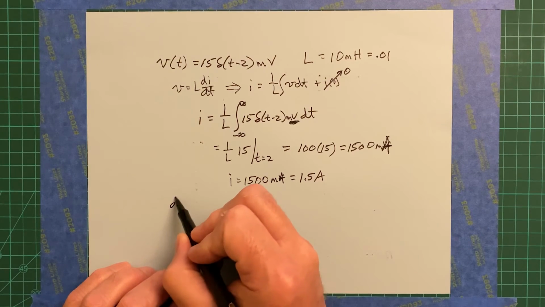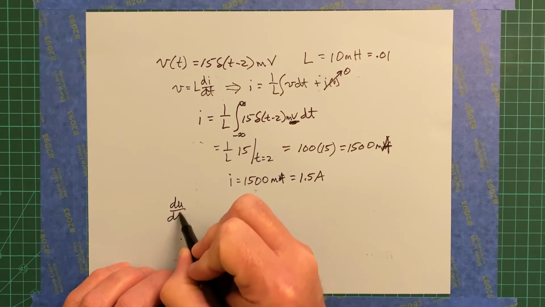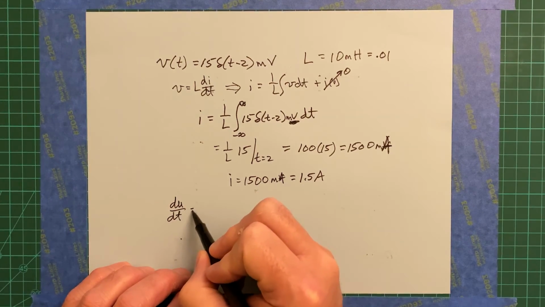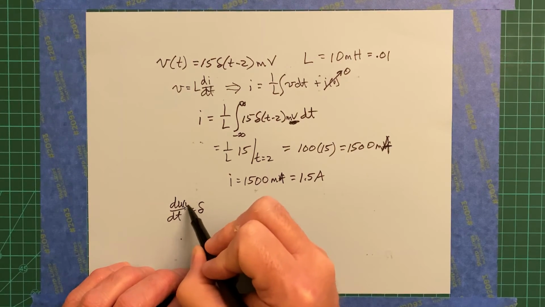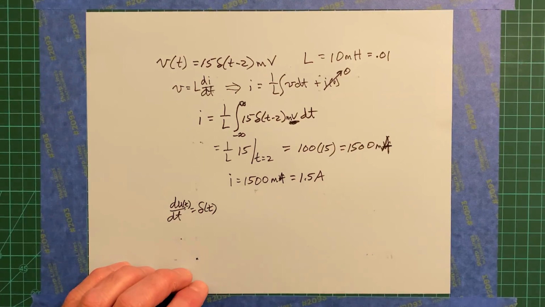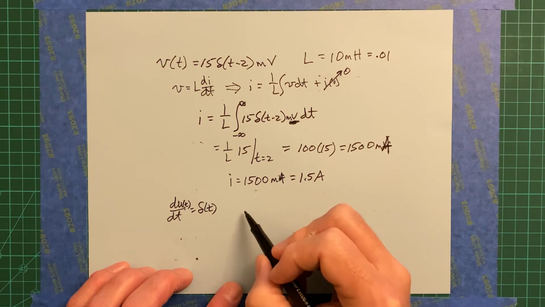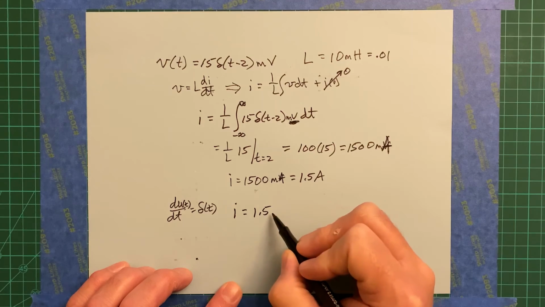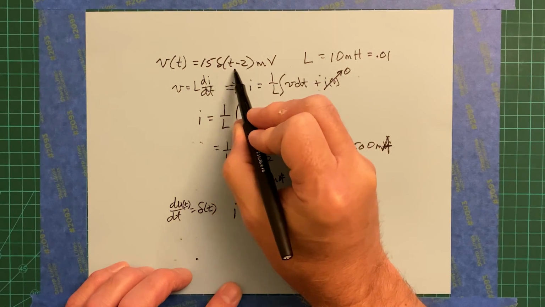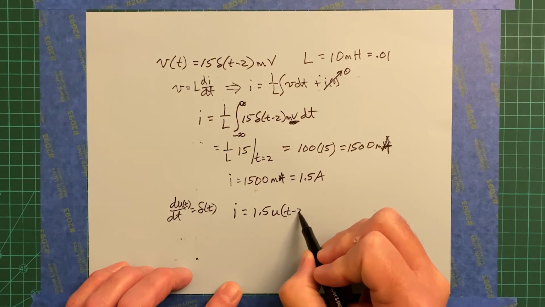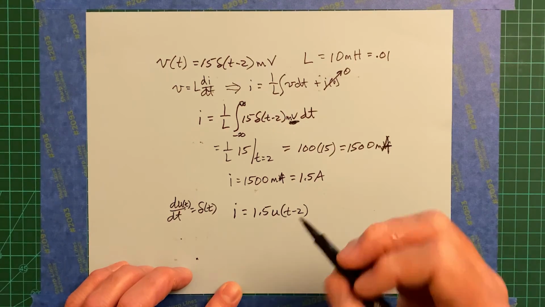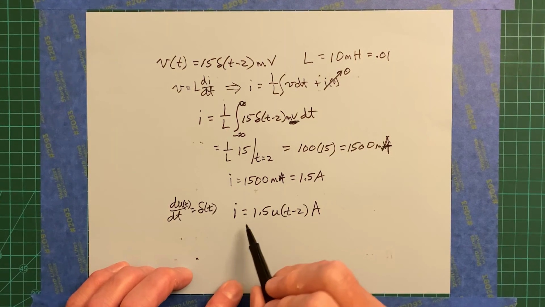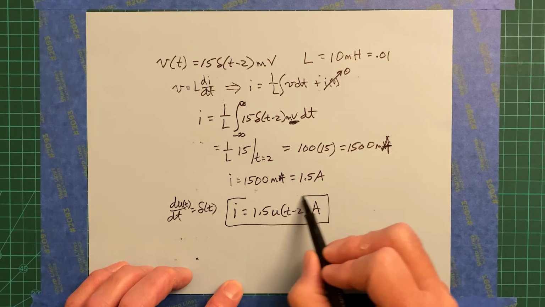We need to realize that the voltage is that. Remember this: du/dt is delta. So if we were to rewrite I as 1.5 u of t minus 2 using the same t minus 2 as we did up there, and say that that's amps, well, that's a much more correct answer.